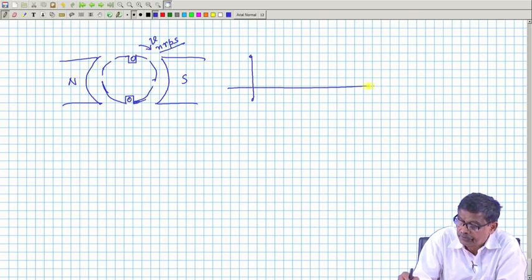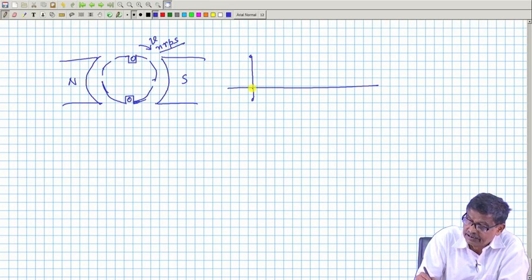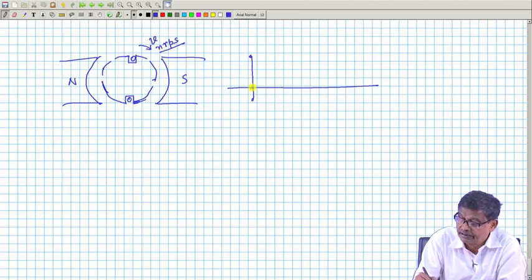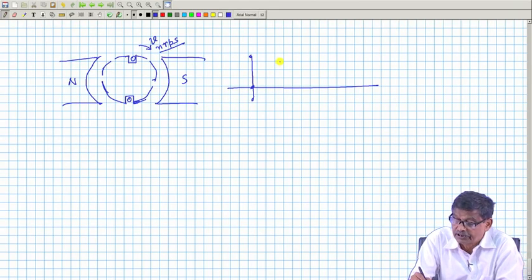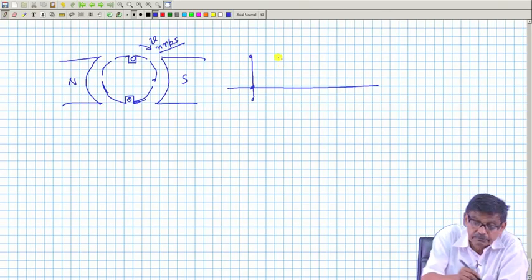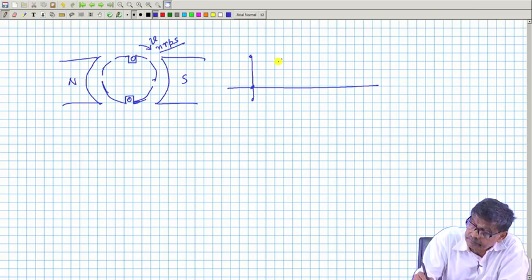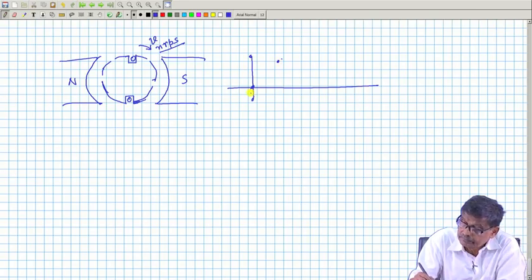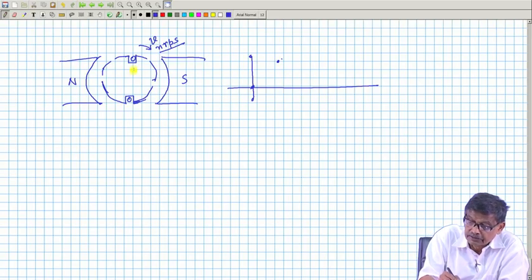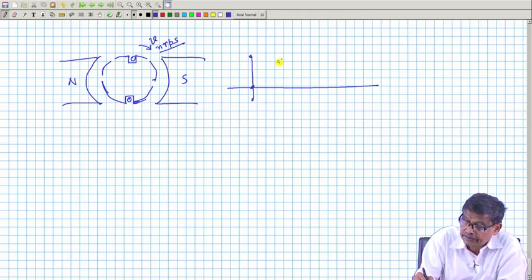So, with respect to time, if you sketch it, it is 0 here, then it attains some positive value, and when this fellow comes here it will have once again 0 voltage.